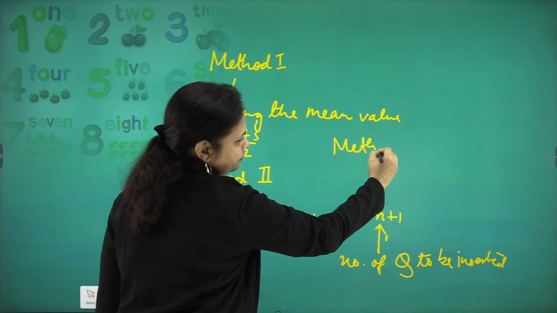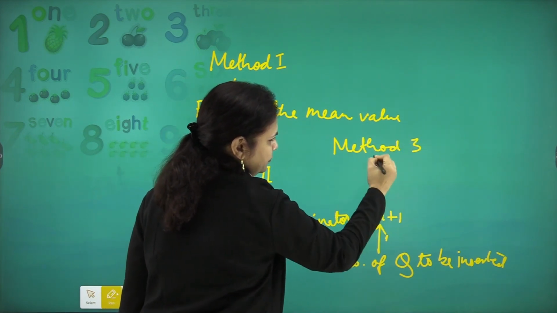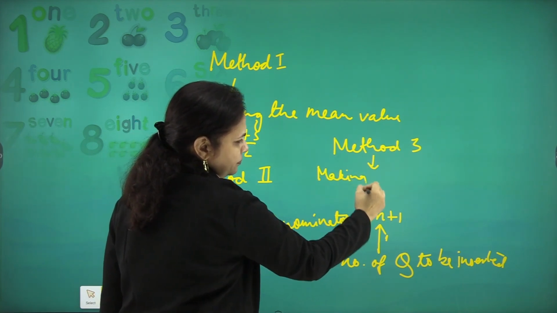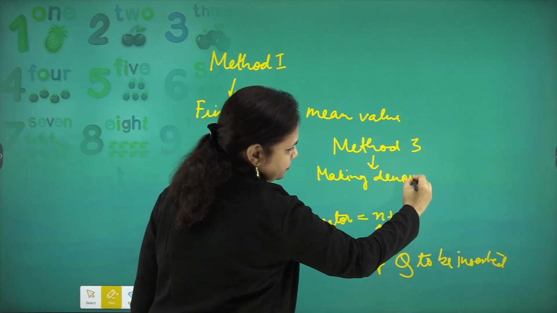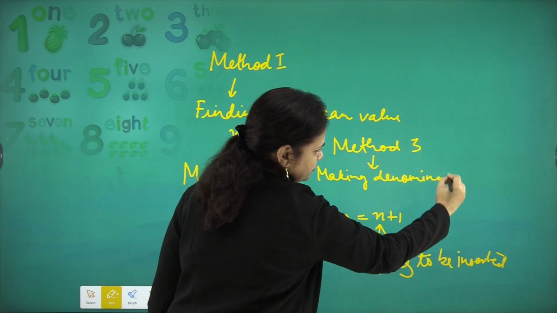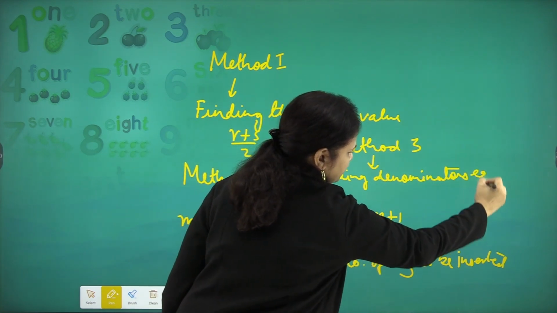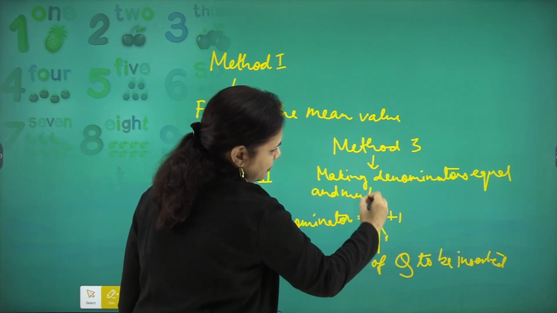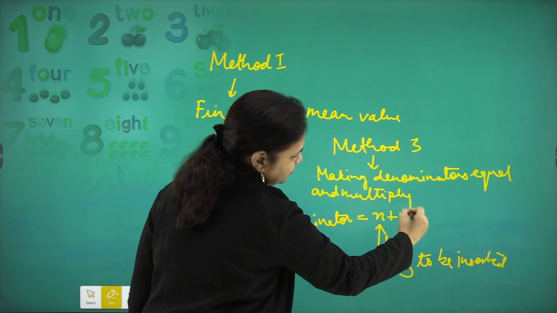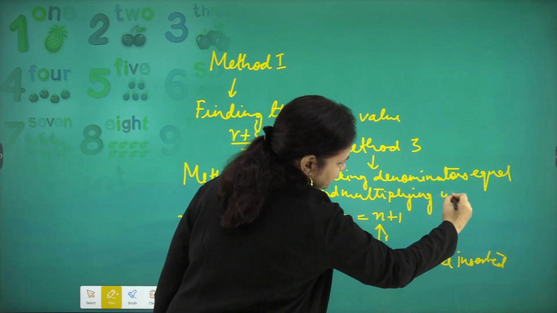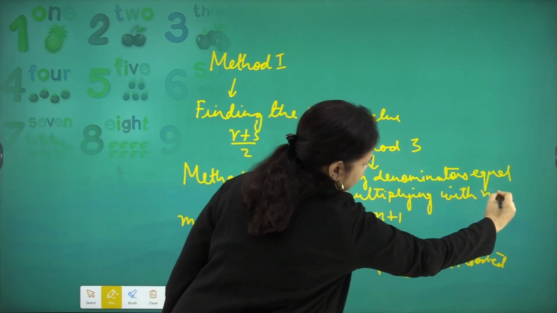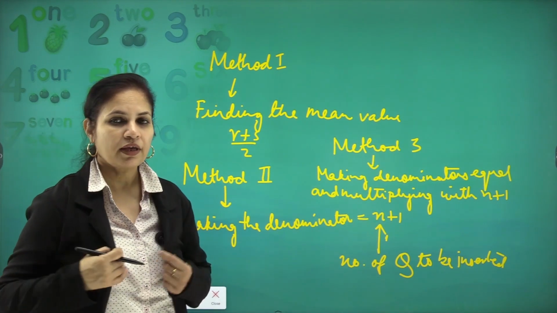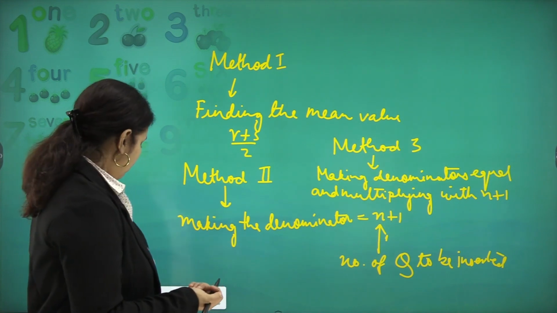Method 3, making denominators equal and multiplying with n plus 1. So, we are going to practice more on that and make things perfect.